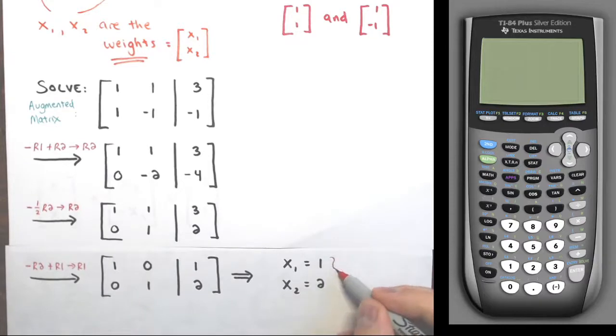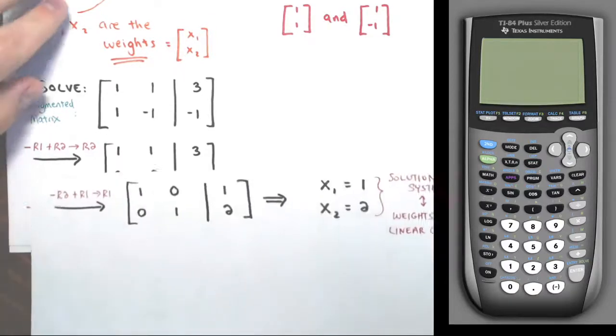Now this is the solution of the system, sure, but these are also the weights of the linear combination. So don't forget that.